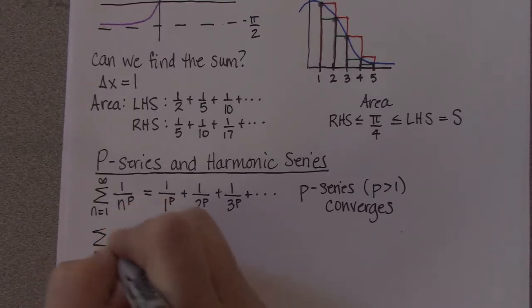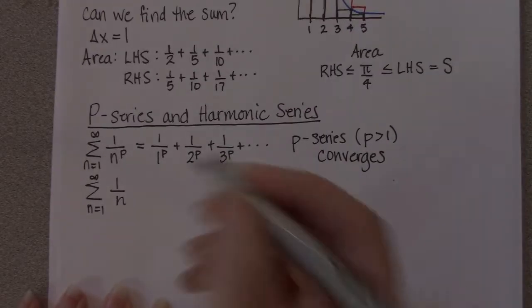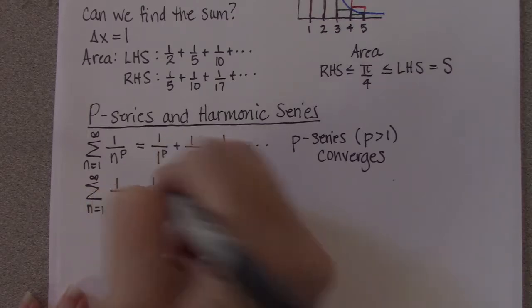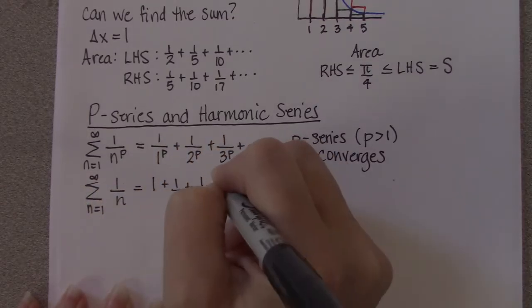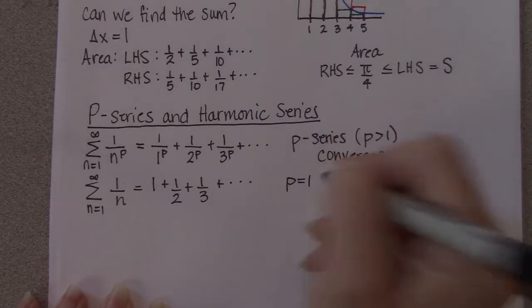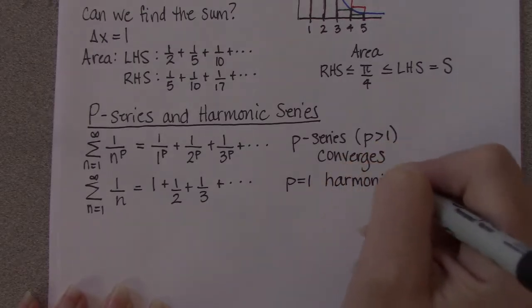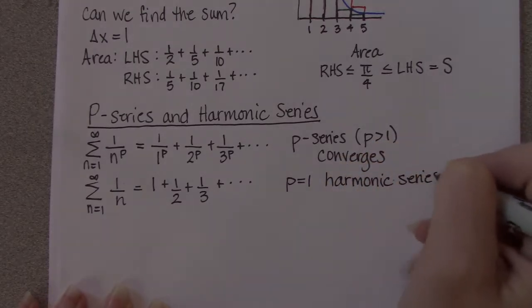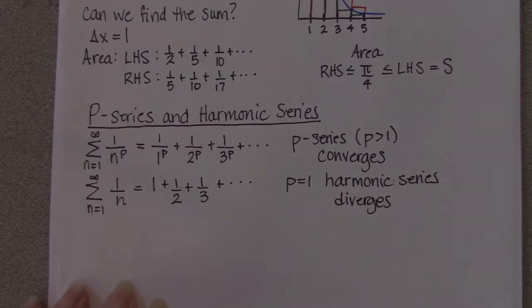If the value of p equals 1, well then the series is just 1 over n. That is 1, plus 1/2, plus 1/3. When p equals 1, it has a special name, and we call it the harmonic series. And the harmonic series diverges.